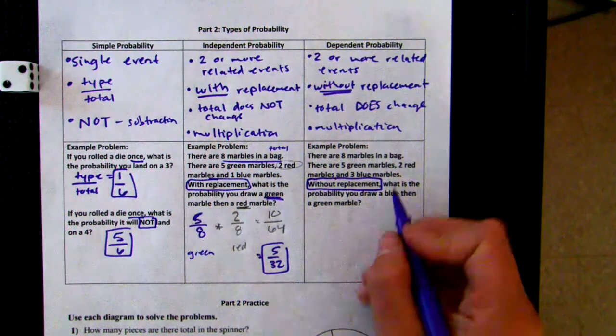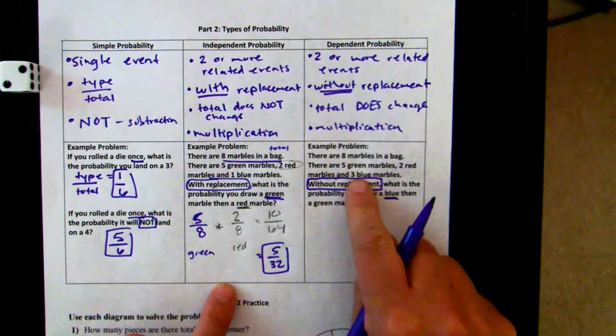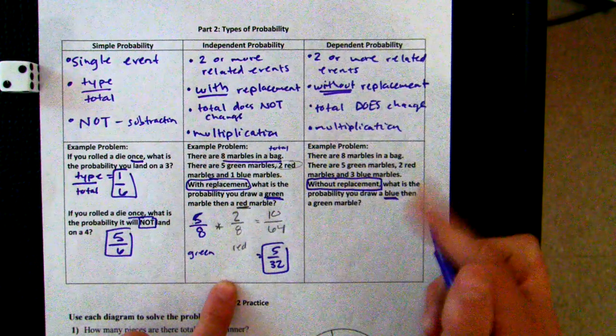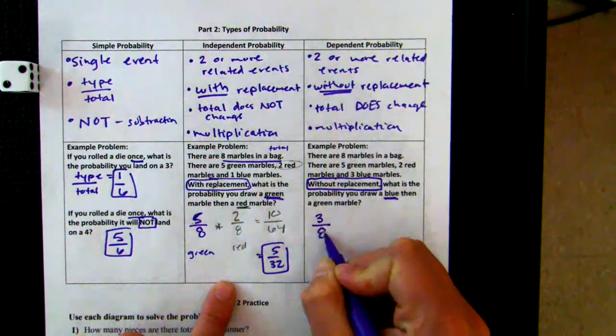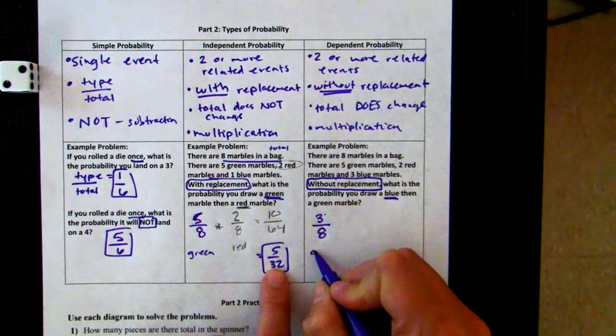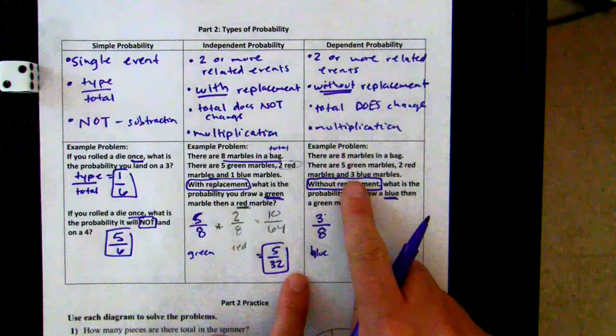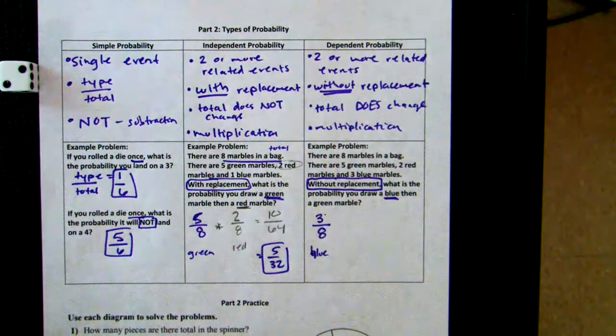First let's start with the probability I draw a blue. There are 3 blue marbles in the bag, so there is a 3 out of 8 chance, type over total, that I draw a blue marble, then a green marble.